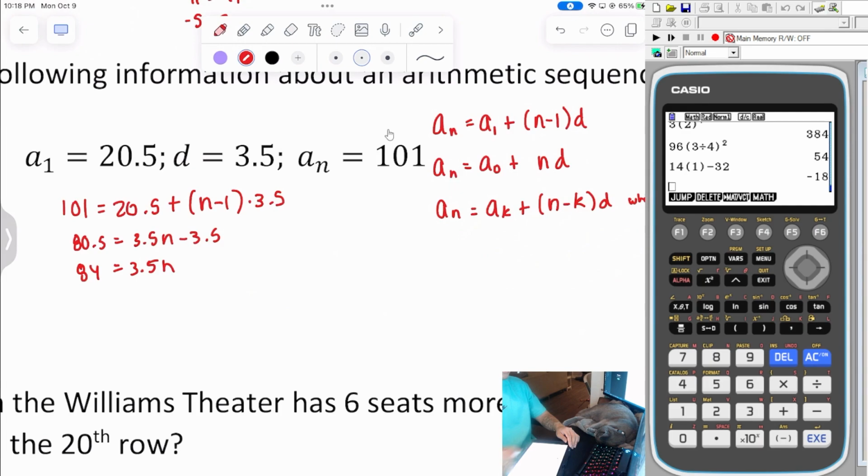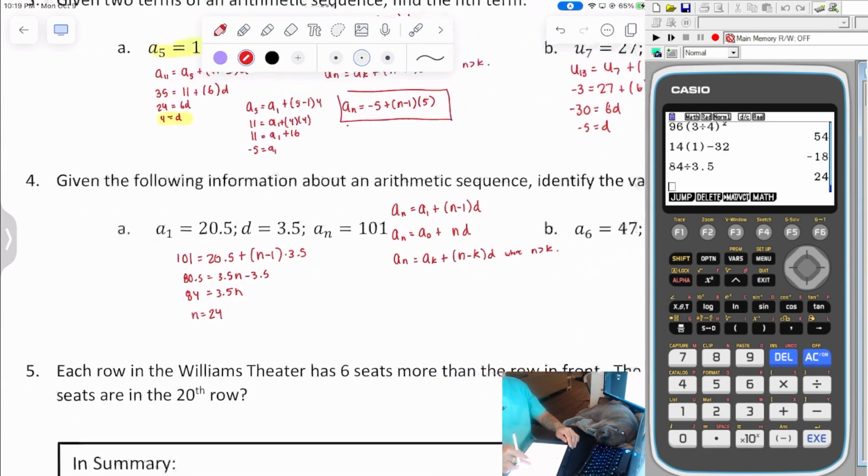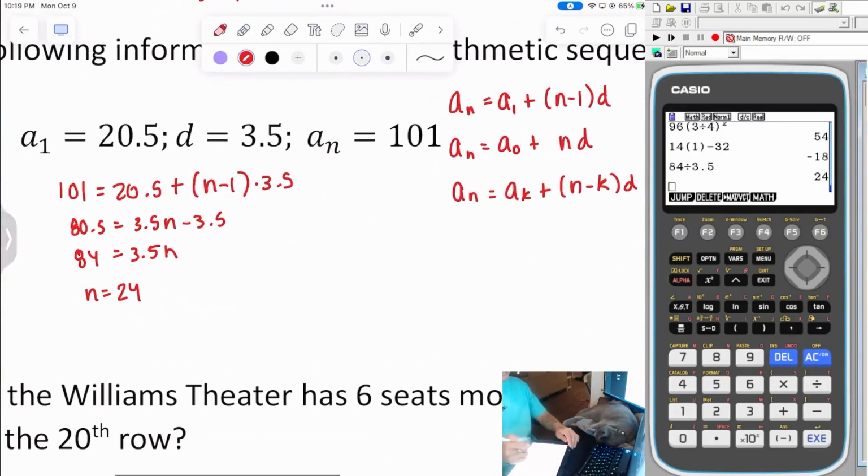And then I'll divide by 3.5 and I'll get n is equal to, not sure what this is, but let's use our calculator. 84 divided by 3.5 is 24. I think that answers the problem, right? It identified the value of n, so I can plug this back in if I want to. So I know that the 24th term is equal to 101.